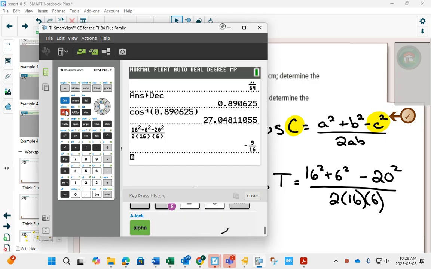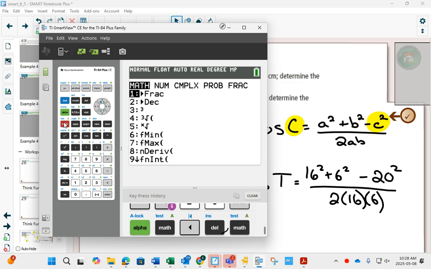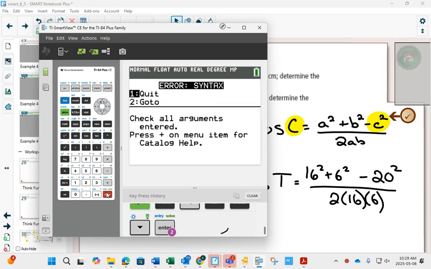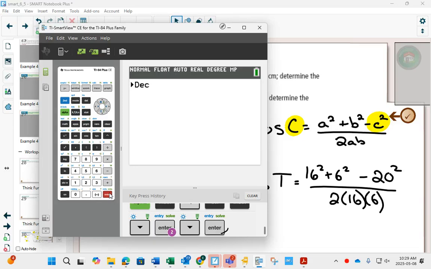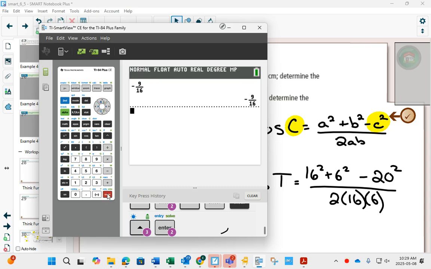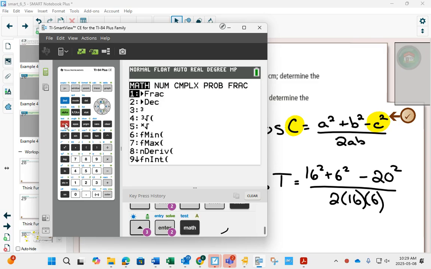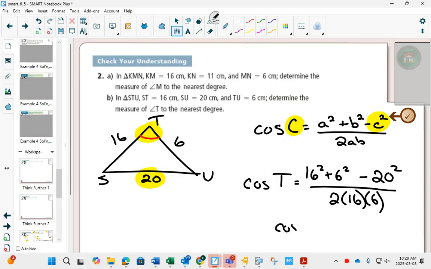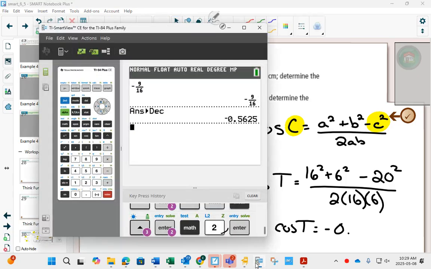Negative. So if we had this answer, and I tried to change that to a decimal, I would get cos of T equals negative 0.565.